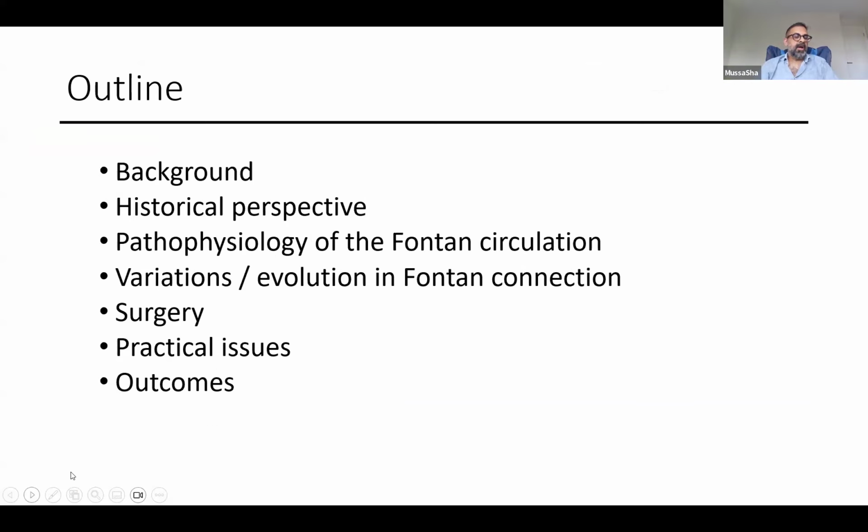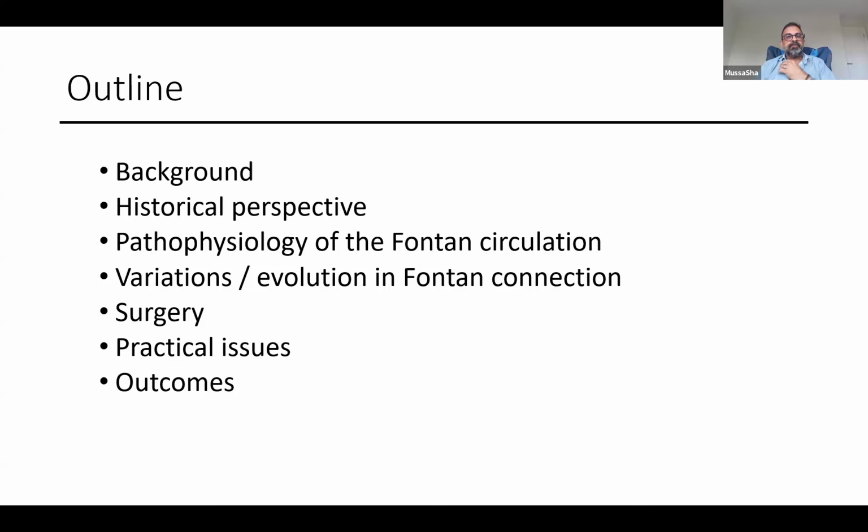So that's brilliant. Okay, so I'm here to talk about the Fontan operation. And we'll talk a little bit about the background, in what context we do the operation. We'll talk a little bit about the history of the operation, and then we'll talk about the pathophysiology of the Fontan circulation, because that's very important for you guys to understand.